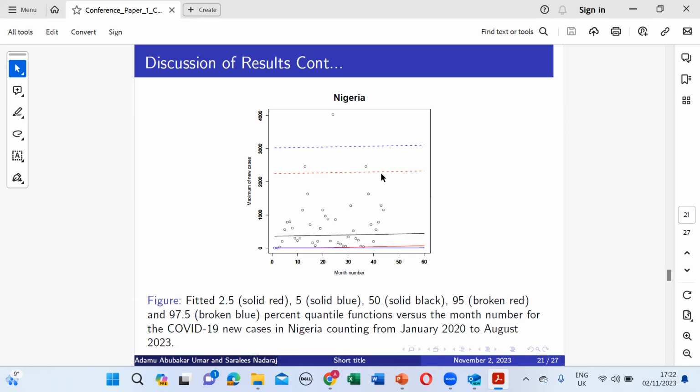Here we have different quantile functions or different percents, where we consider 50, 95, and also 97.5, in order to make sure the estimate is reliable, so that we can say we have almost 95% assurance of our prediction. So it gives us an insight into the performance of the model and also the reliability of the prediction. That is just in brief.